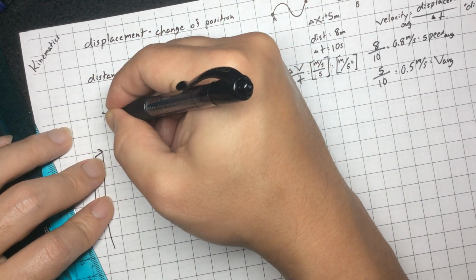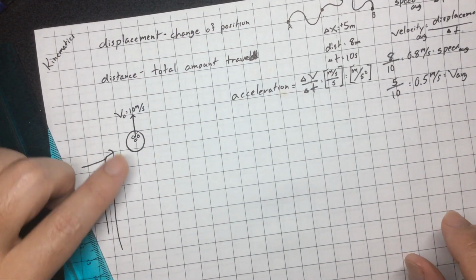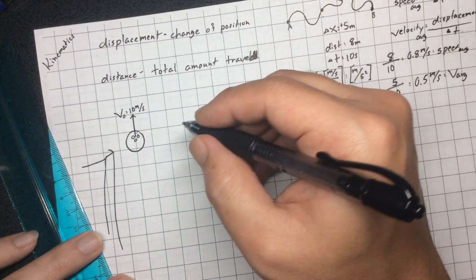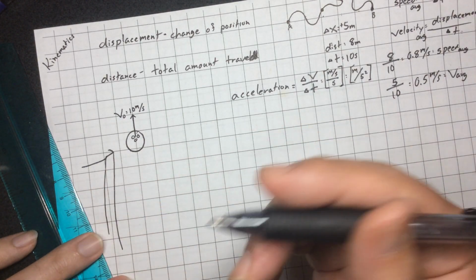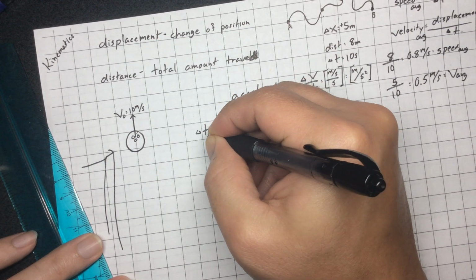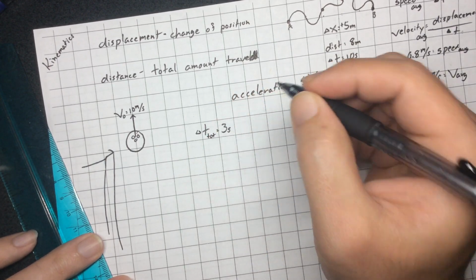Okay, that is our initial velocity for this problem, or v naught, or v0 for the very start. And we're going to let this bowling ball go for about 3 seconds. So the total change in time, our t-total, will be 3 seconds total.